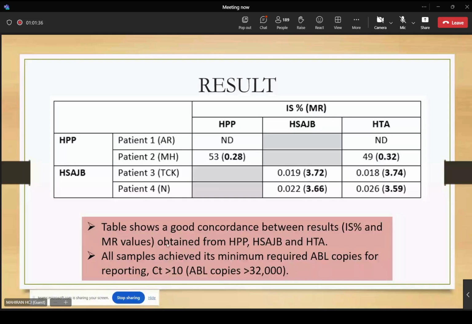Table show a good concordance between result IS percentage and MR value obtained from HPP and HSA-JB and HTA. All samples achieve its minimum required ABL copies for reporting, which is CT value more than 10, ABL copies more than 32,000.